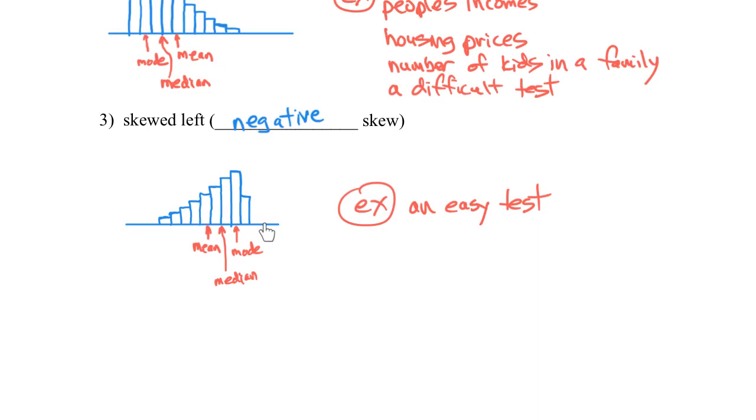So numbers to the right are bigger. So there's very few students who didn't do that well, but over here, as the numbers get bigger, there's more. The frequency is more. So that's an example of a negative skew or skewed left, and the mean just gets pulled to the left. Just like in this case, skewed right, the mean gets pulled to the right.